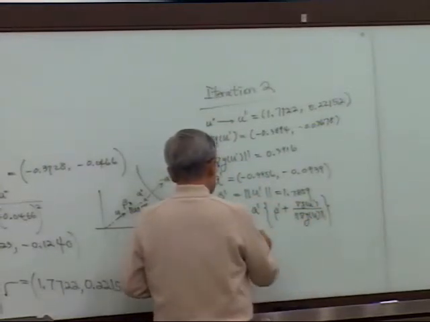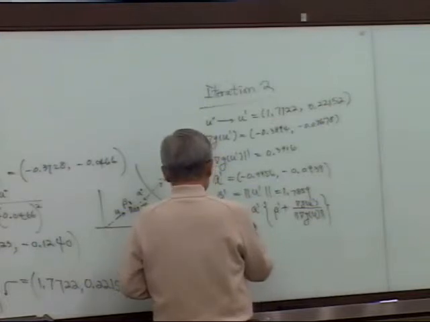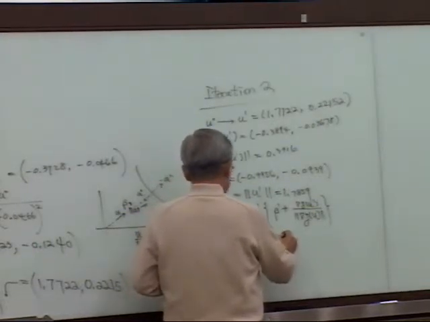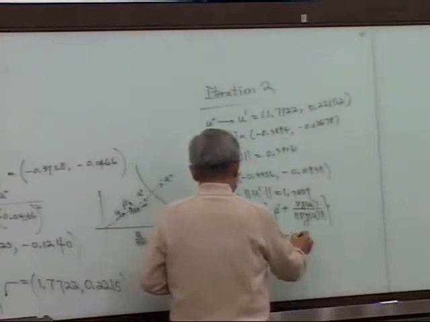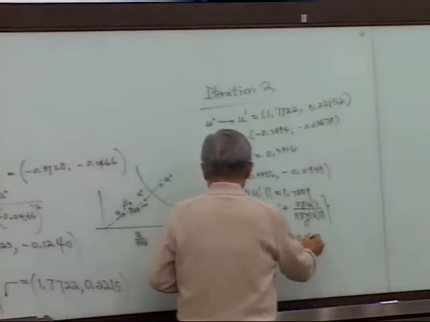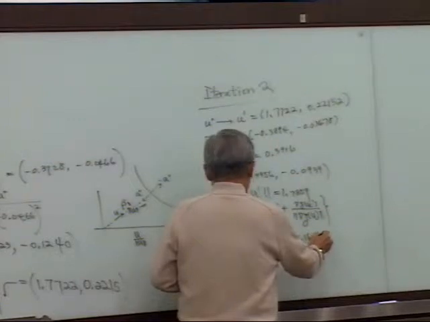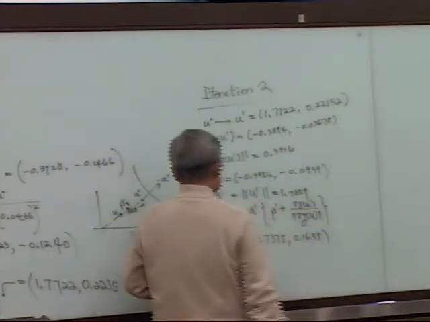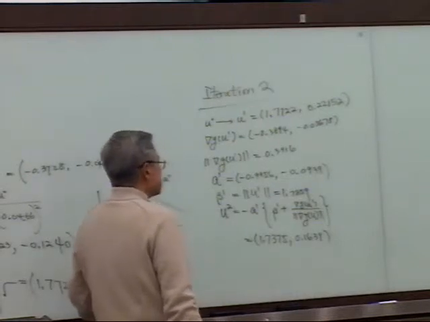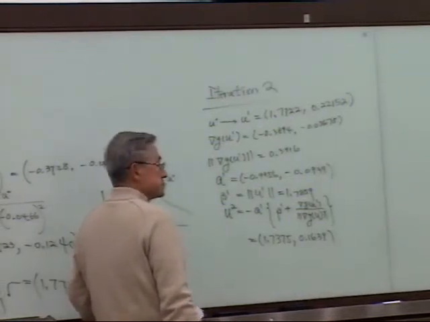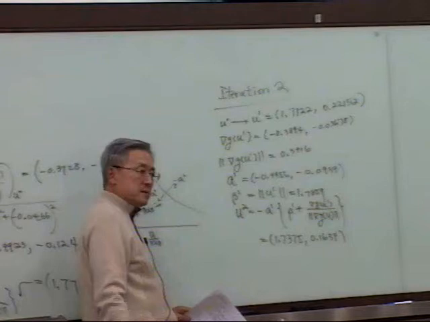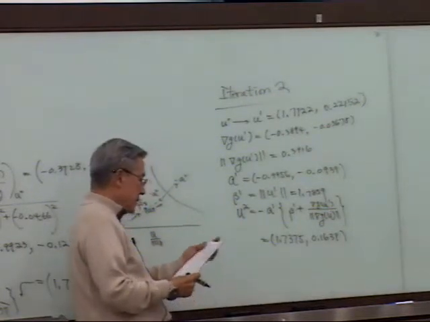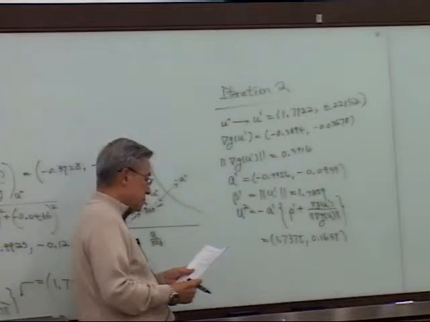If you compute that, this is a two component value, of course, 1.7375, 0.1639. Keep updating. You can keep updating and compare.